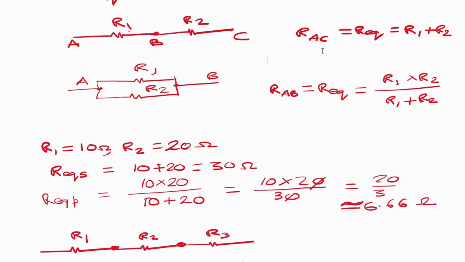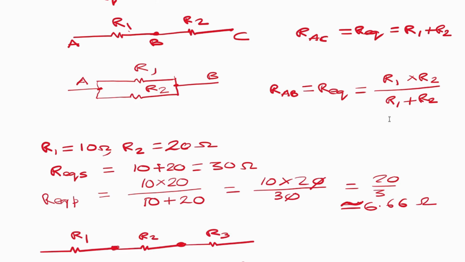If R1 and R2 are connected in parallel in this way, that means the starting point of R1 and the starting point of R2 are connected at one point, and the ending point of R1 and the ending point of R2 are connected at another point, this is known as the parallel connection. In parallel connection, the total equivalent resistance will be R AB, equals R equivalent equals R1 into R2 by R1 plus R2. The numerator is the product form and the denominator is the additive form. So here, case 1, R1 equals 10 ohms, R2 equals 20 ohms.